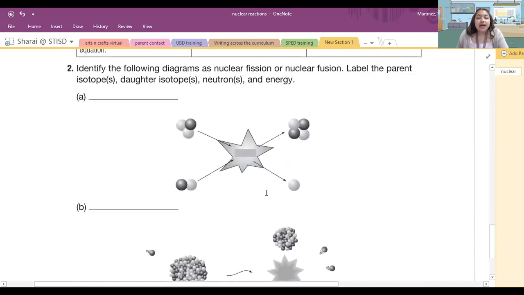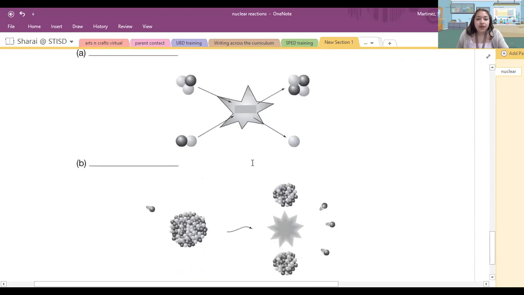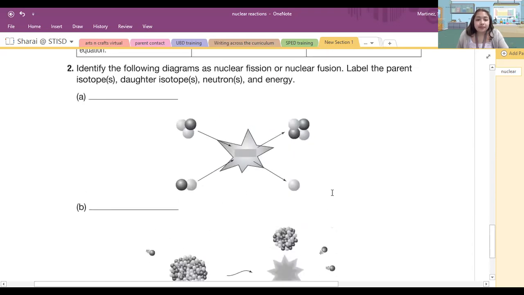So then for number 2, we have 2 pictures and we have to decide which is fission, which is fusion. We have to label the parent isotope. So that's what we start off with, what we end up with, where the neutrons are, and the energy. So letter A, if we look at it, we start off with our proton and neutron fuse, right? And then we have our end products here. So this is fusion.